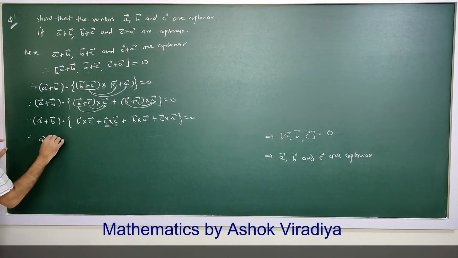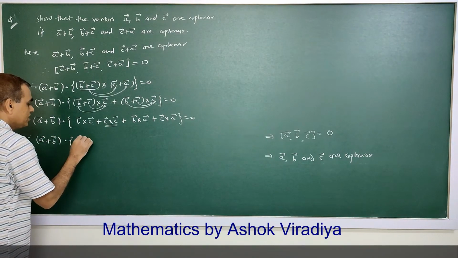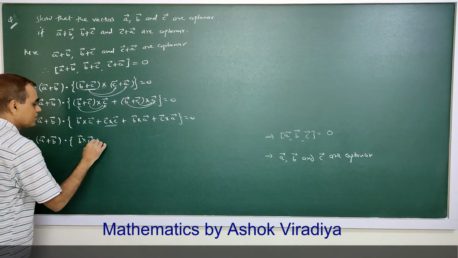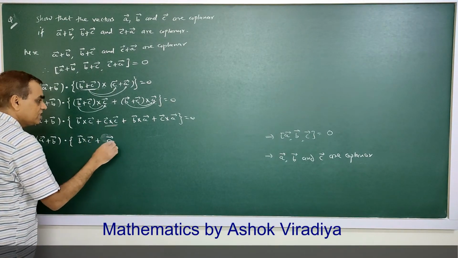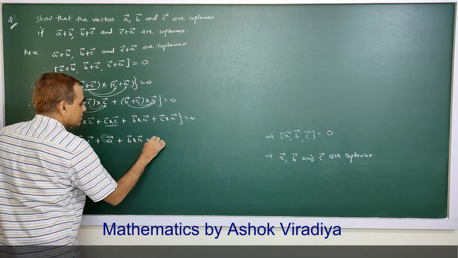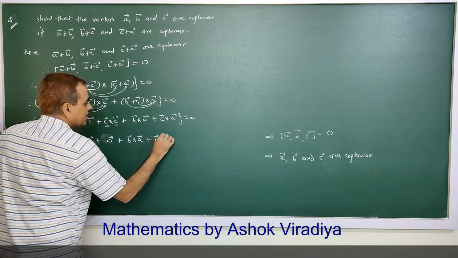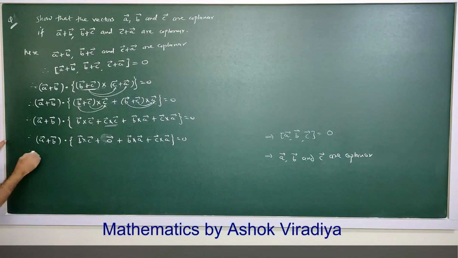A plus B dot B cross C plus, C cross C is 0 vector, plus B cross A plus C cross A is 0. Now dot product is distributive over addition.